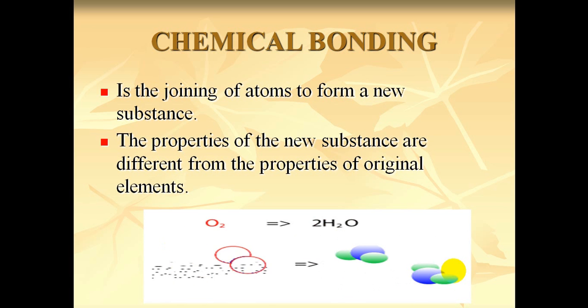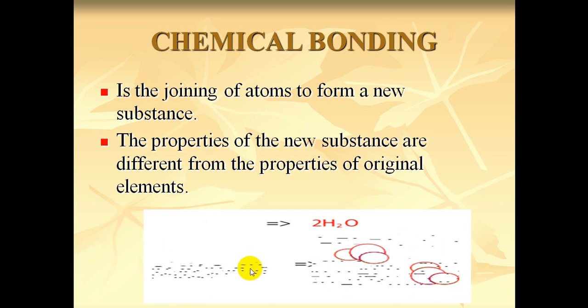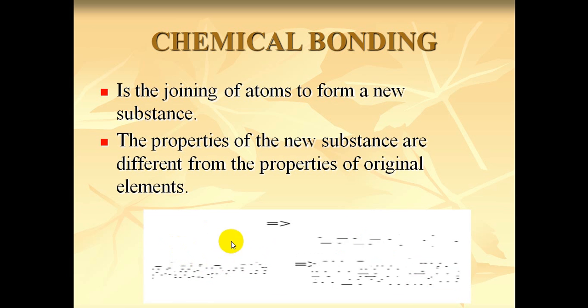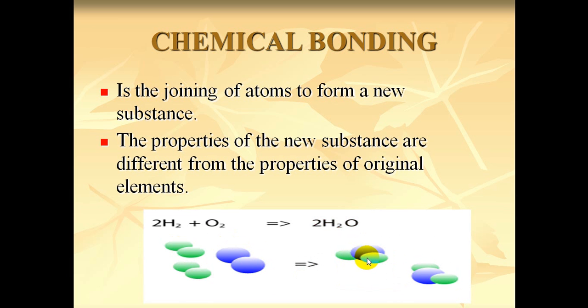So the bond between hydrogen and hydrogen breaks down, and the bond between oxygen breaks down, to form new bonds between hydrogen and oxygen. And water is totally different from hydrogen and from oxygen.